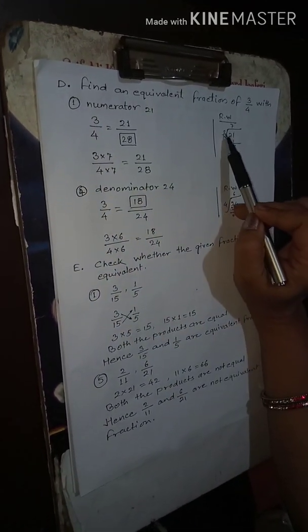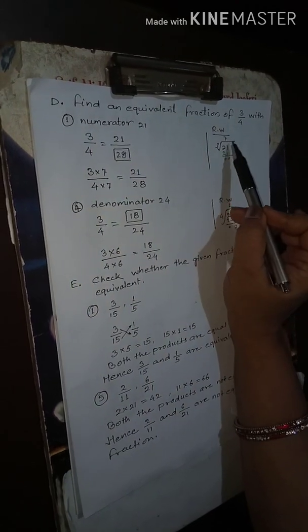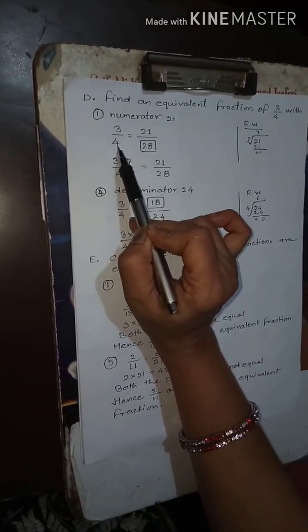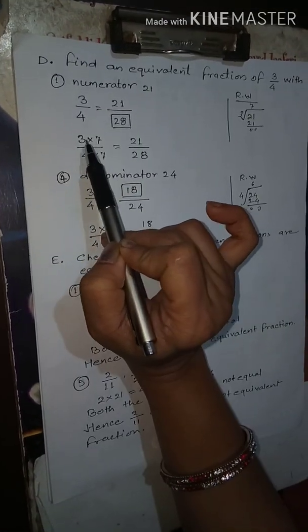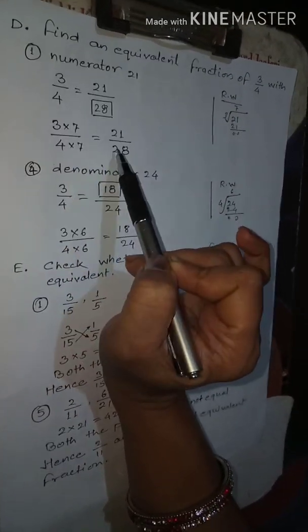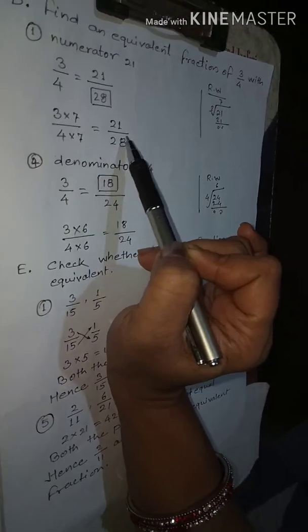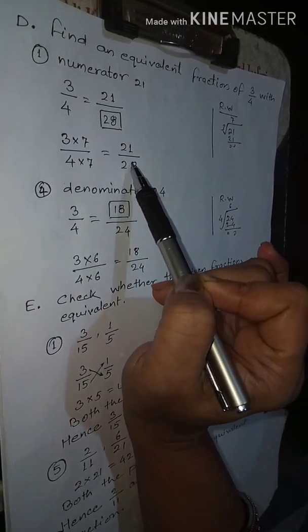So 21 divided by 3. 3 sevens are 21. So 7. Now 3 and 4, both numerator and denominator we will multiply by 7. So 3 sevens are 21, 4 sevens are 28. So 21 by 28 and 3 by 4 are equivalent fractions.